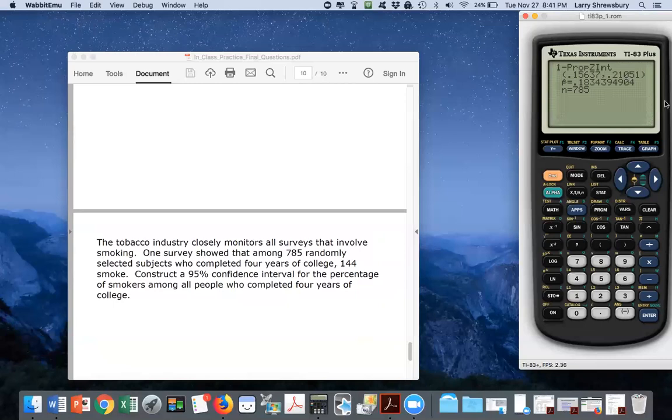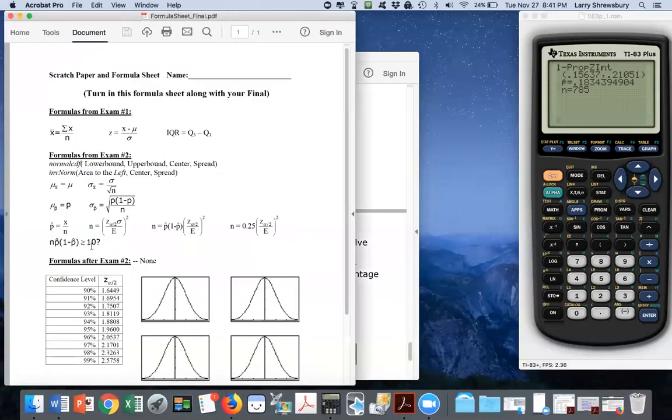Oh, I wonder if the conditions are met. Well, notice that on your formula sheet, this little test, use that to see if your sample size is large enough. Got the random sample, that's good. Huge population, that's good. But is the sample size big enough?